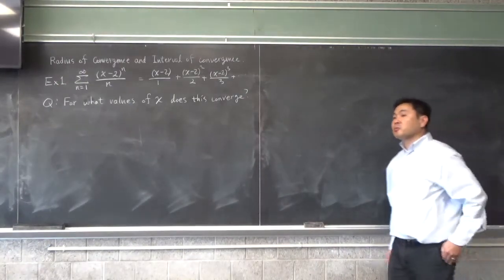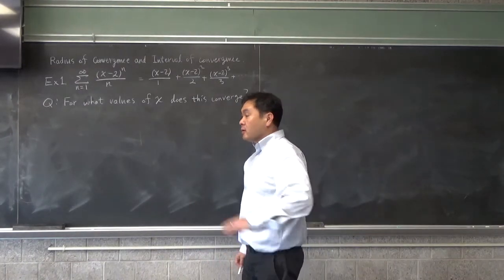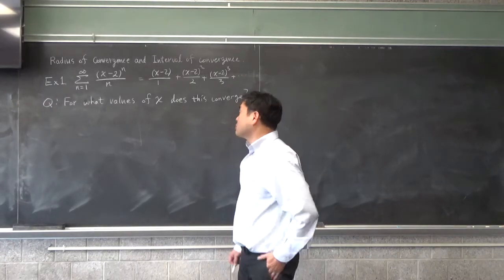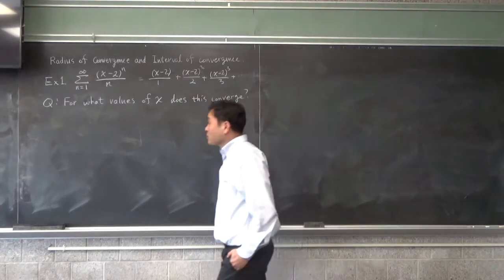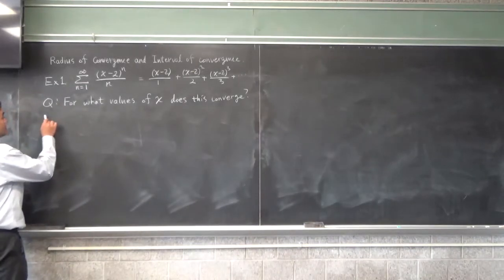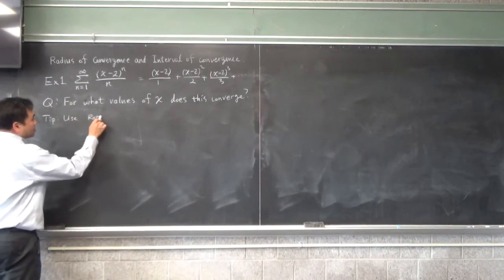And to answer this problem, you have to use some kind of test, right? And for most cases, we'll just always use the ratio test. Tip: use the ratio test.